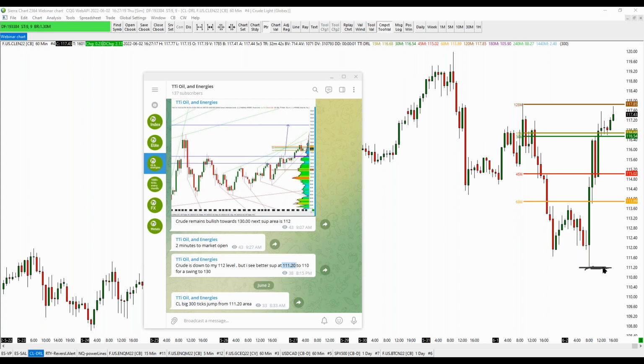You see this 111.20 for a swing to 130. So folks, it did go already 600, 650, 670 ticks already gone.